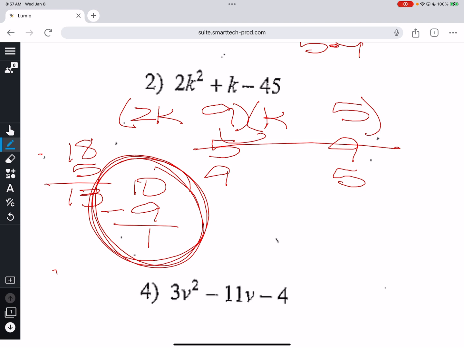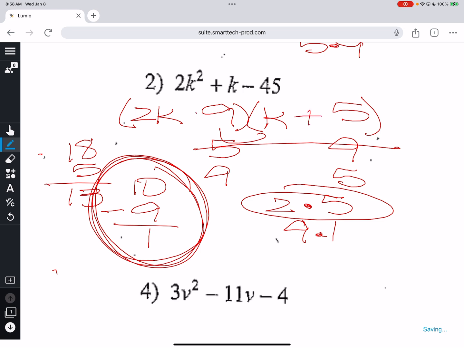And which set, 2 times 5 or 9 times 1, gives us 10? 2 times 5. So this has to be positive. So plus, minus. Okay, all right.